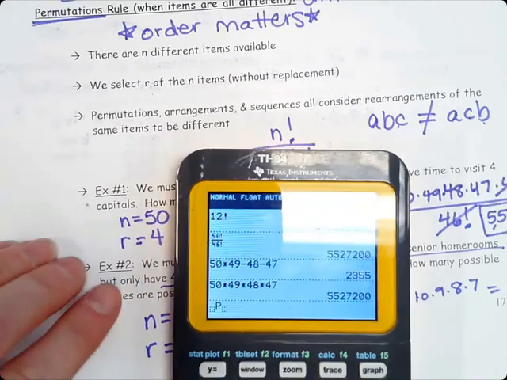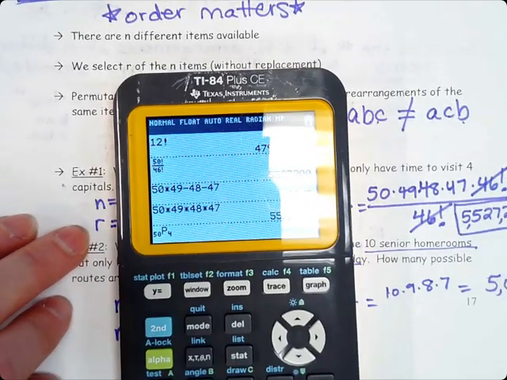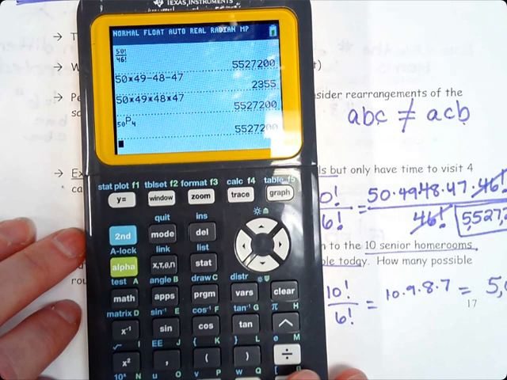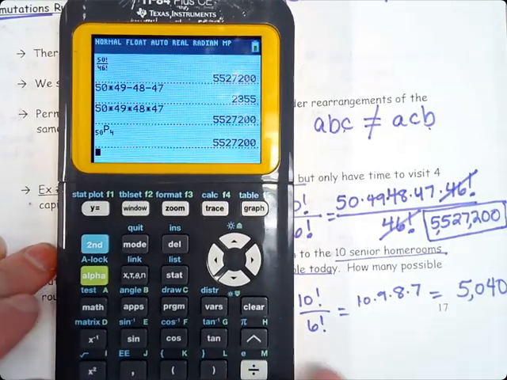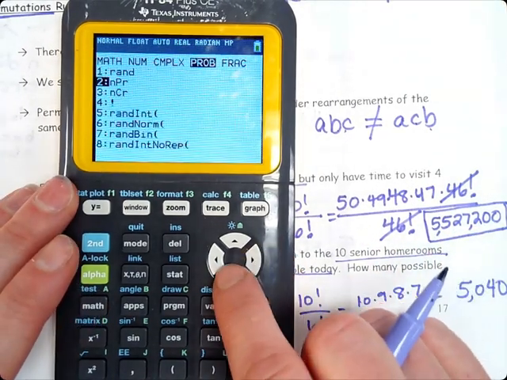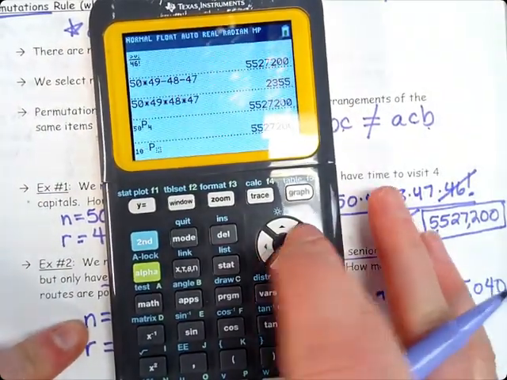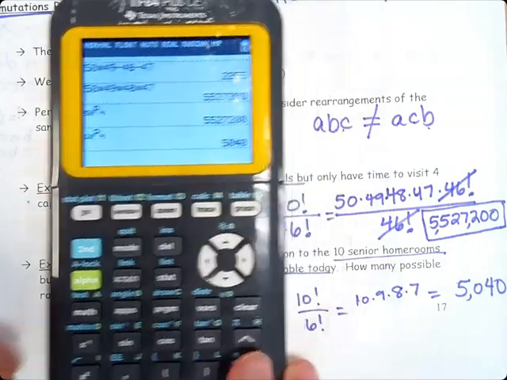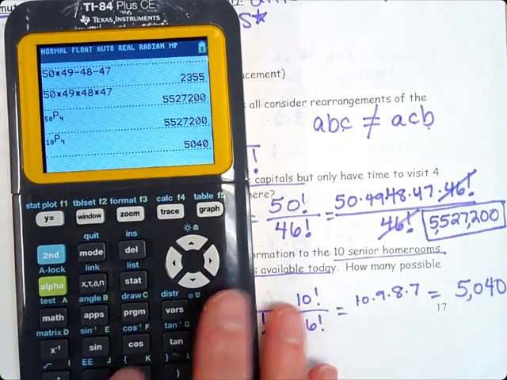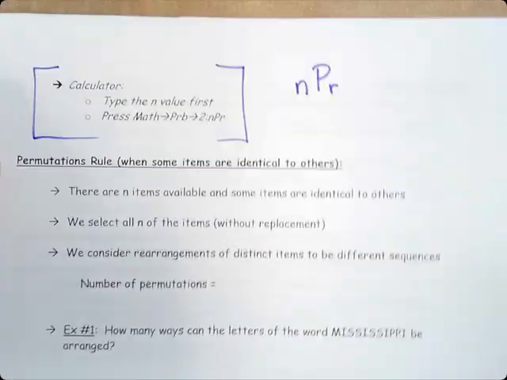And so the n value is 50 and the r value is 4. So you put them in those spots. So that was this one. Okay, and then we can do the other one. And that was, there were 10 where we choose 4. Pretty cool. Okay, so that is your calculator.